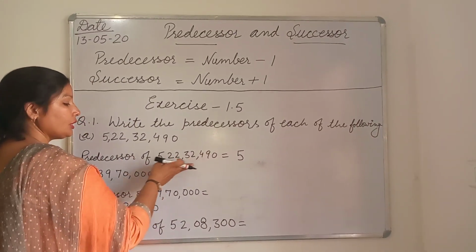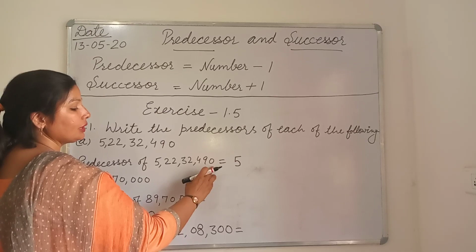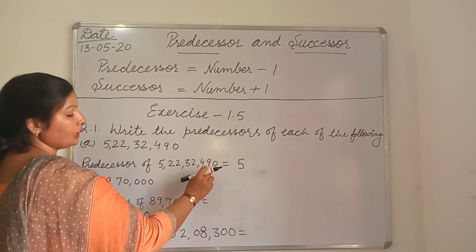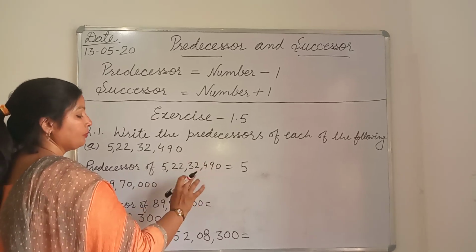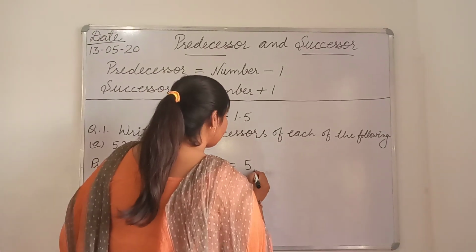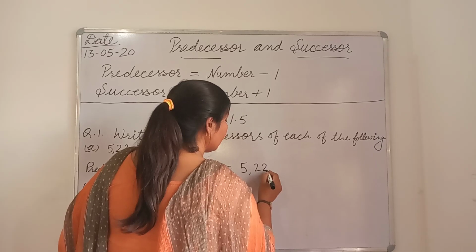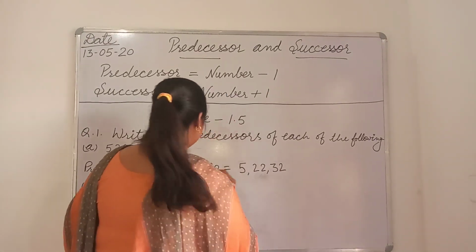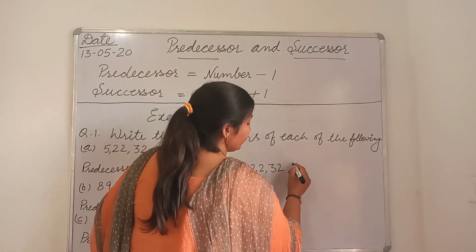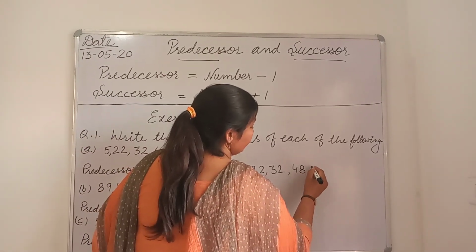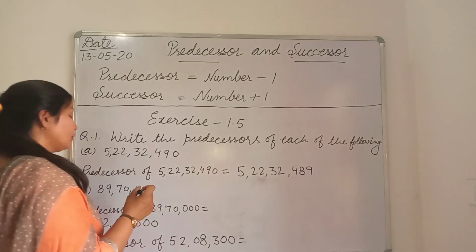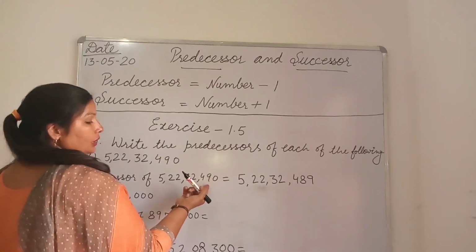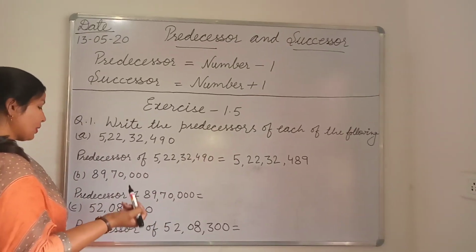There is no change in the others, only here we subtract 1. So it becomes 5 crore 22 lakhs 32,489. That is the predecessor of 5 crore 22 lakhs 32,490.